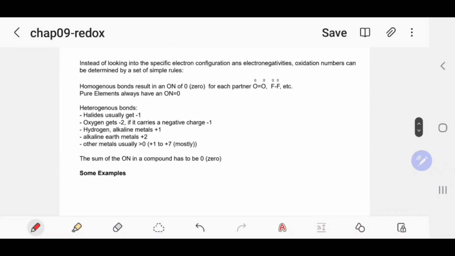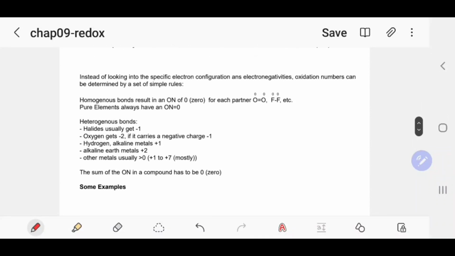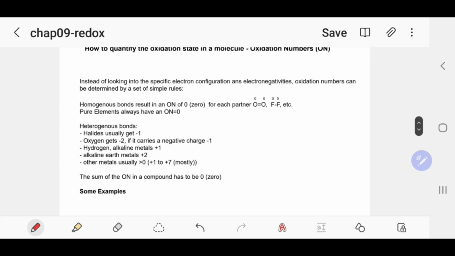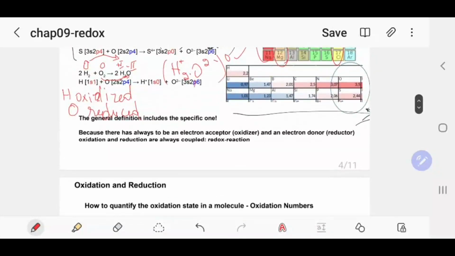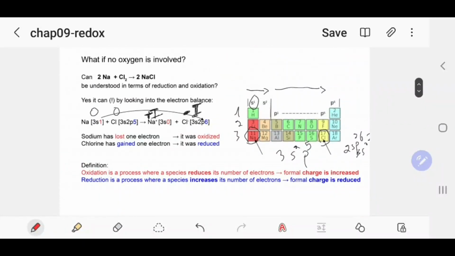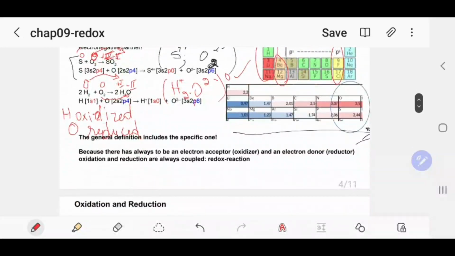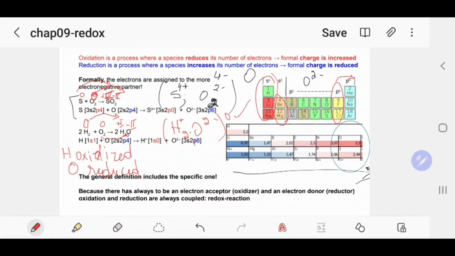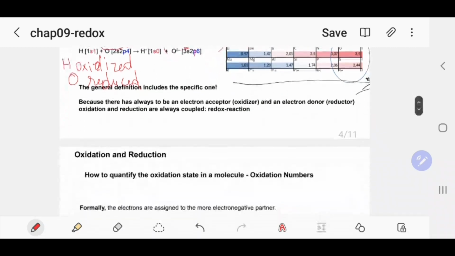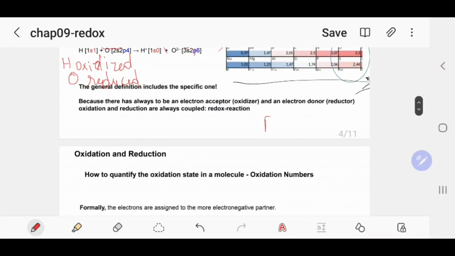And you have other metals that get between +1 to +7 mostly, which we talked about before, that we could determine from the number of electrons lost or gained, compared to their anion, for example. If you remember, we talked about iron, we talked about Au.